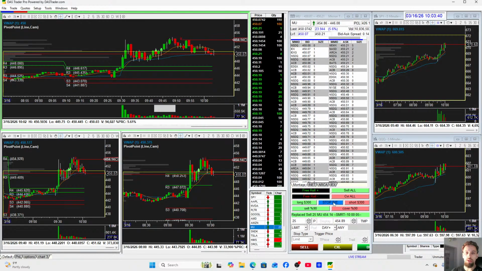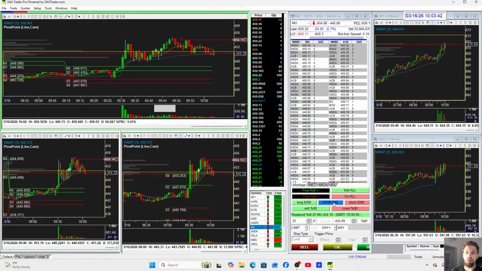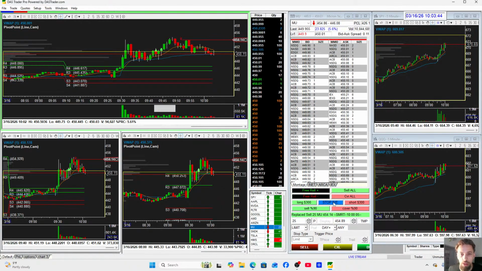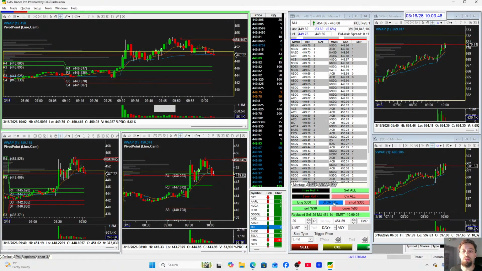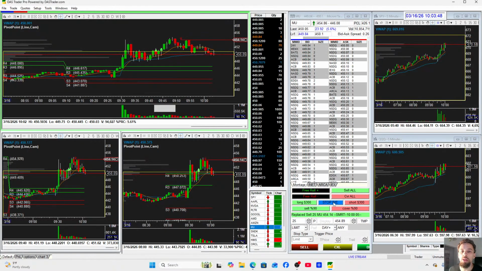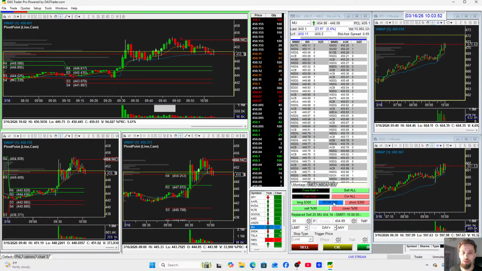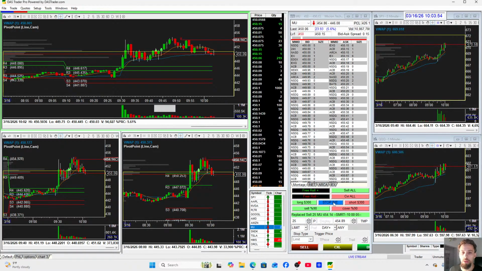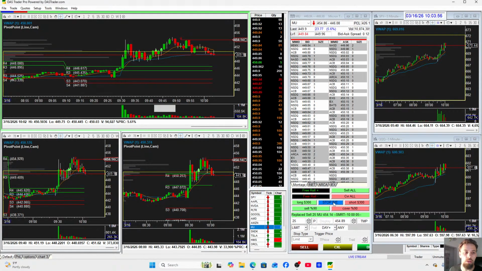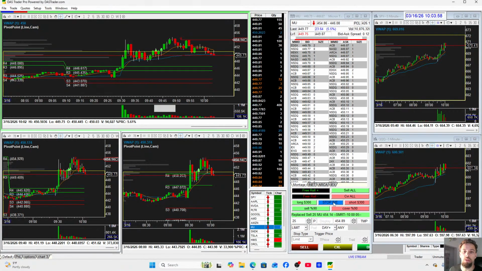Testing 450 again. Lots of green on the tape. The buyers stepping in. Buyers are definitely trying to hold this 450. There's lots of liquidity at 450.